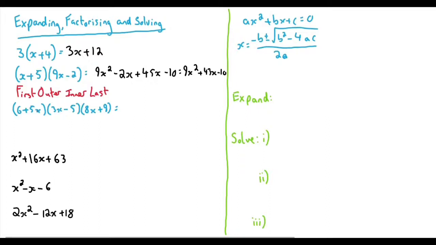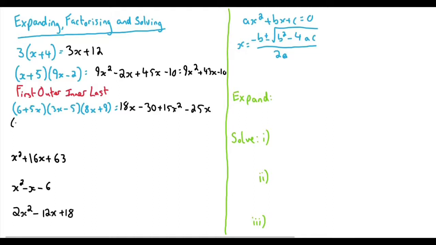If we're in a situation where there's 3 brackets that you need to times together, what I would suggest doing is doing 2 brackets first and then timesing by the other bracket afterwards. So for instance, in this case, still using FOIL, we'll have 6 times 3x will be 18x, 6 times minus 5 is going to be minus 30, 5x times 3x is going to be 15x squared, and then 5x times minus 5 is going to be minus 25x.